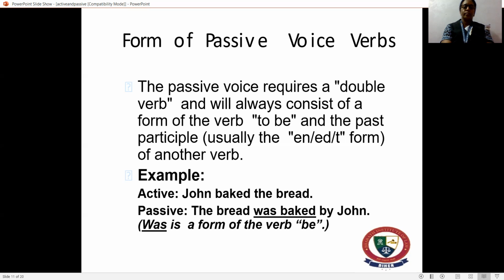The bread was baked. Since baked is the past form, we are using was baked. Baked is the V3 form, baked by John. This basic rule one must remember while converting from active to passive.